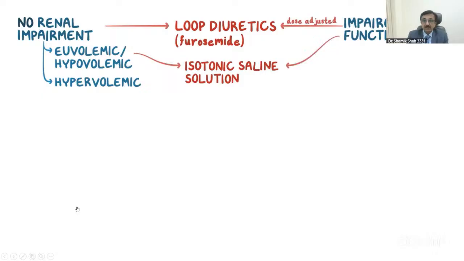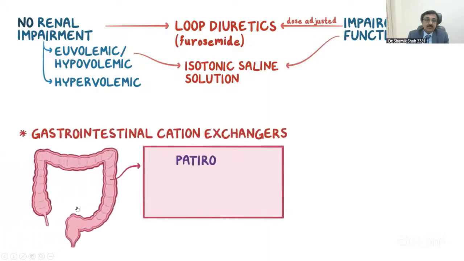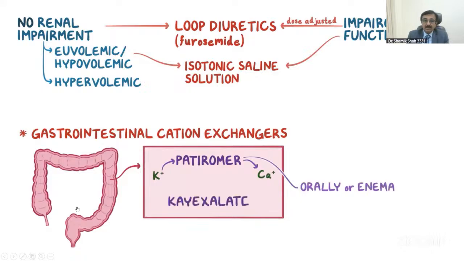Probably they need higher doses. And we might or might not need to give isotonic saline. We have to be very careful. Another method to remove potassium from the body is by using gastrointestinal cation exchangers like patiromer. This exchanges the potassium with calcium and can be given orally or by enema. If patiromer is not available, K-oxalate is available in our hospital.